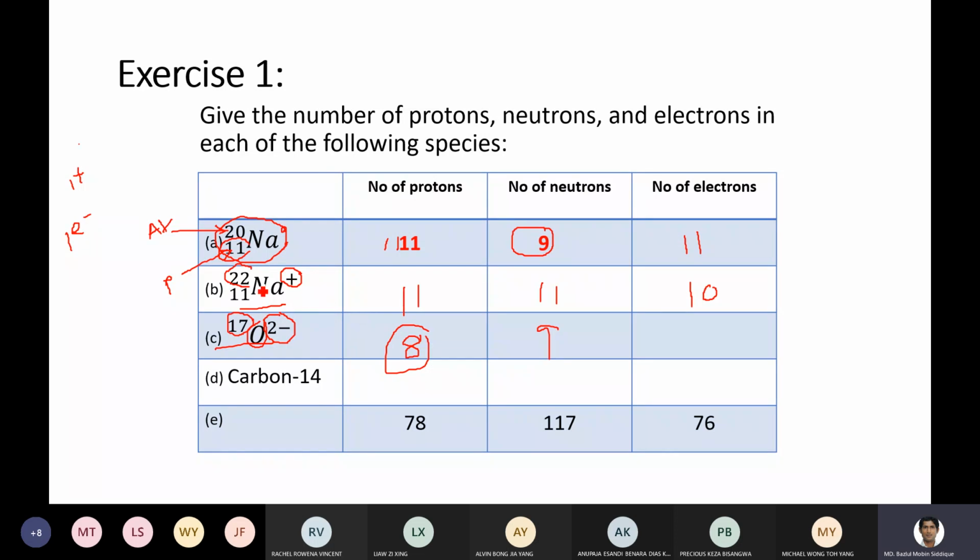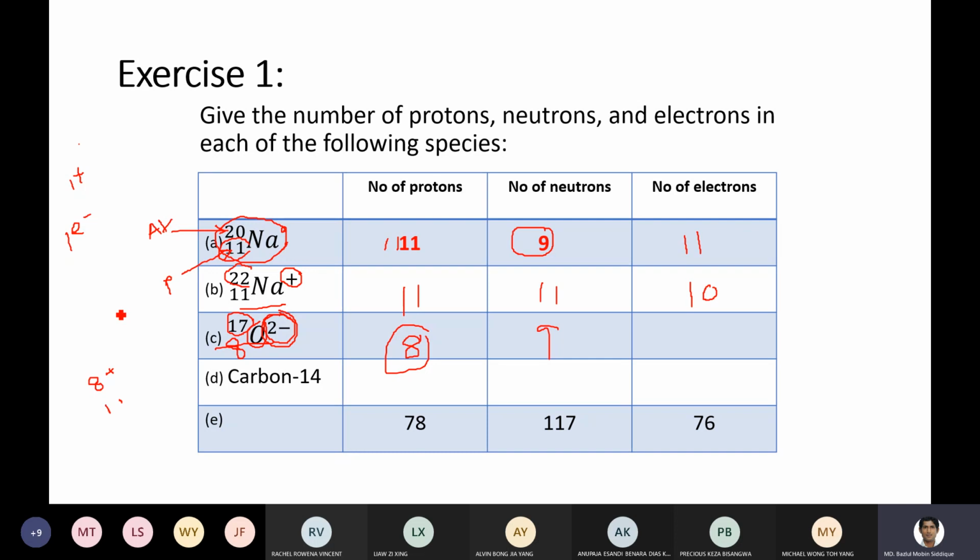And the balance is the number of neutrons, and then it is 2 negatively charged. That means it has 8 protons, so 8 protons should have 8 positive charges, right? But it is carrying 2 excess negative charges.